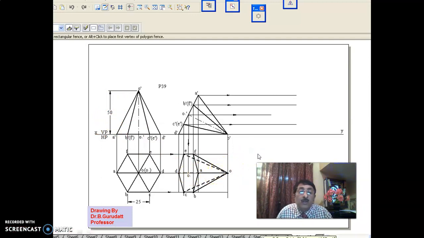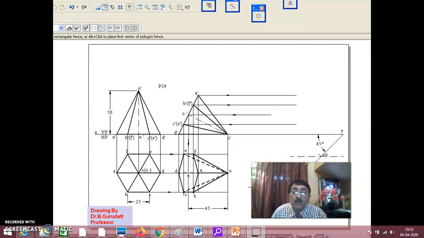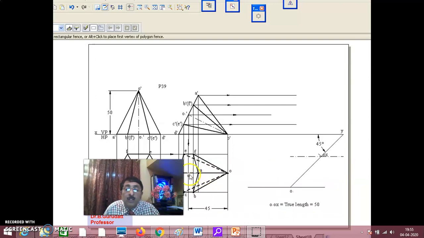Now what you do here is, you know that the top view of the axis is only 45, but the true length of the axis is 50. But the problem says the true length of the axis is inclined at 45 degrees to VP. That is why draw a line at 45 degrees and cut O1 OX equal to the true length, that is 50.